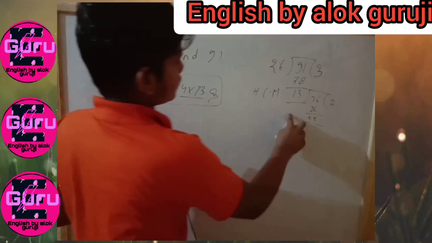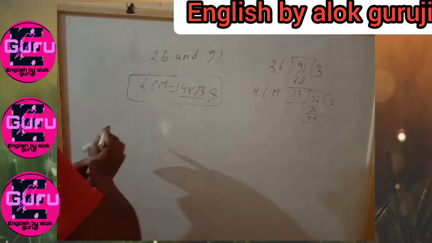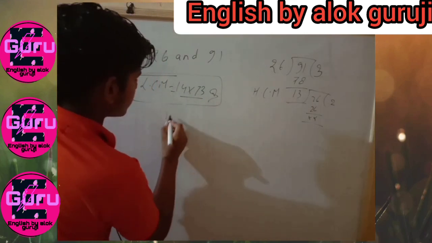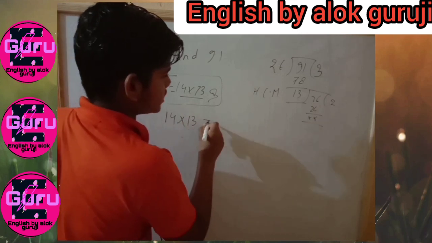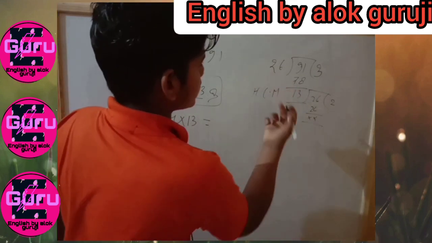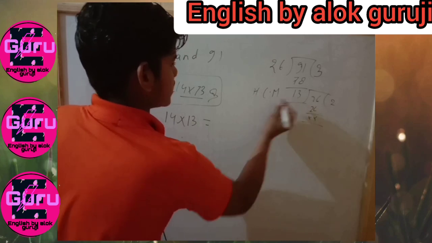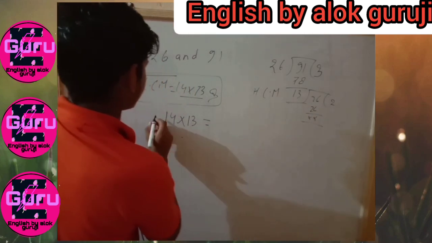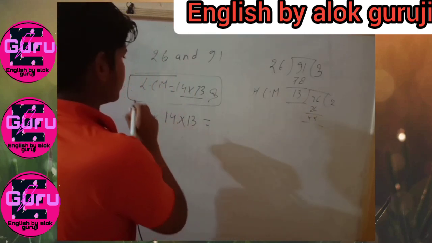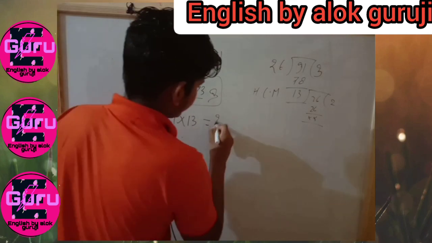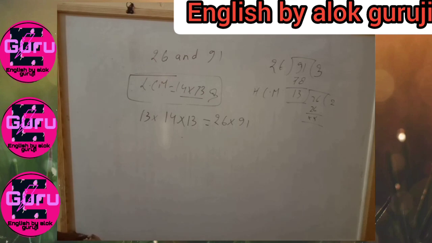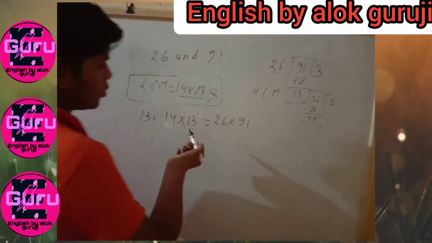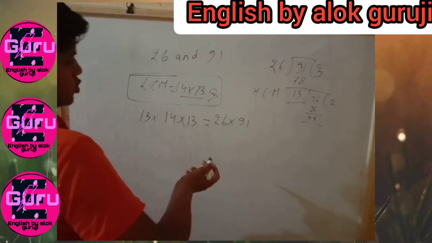LCM has been given, HCF has been given, both numbers have been given. Now we should directly use the formula. 14 into 13 into 13 is equal to 26 into 91. We should multiply these two numbers.